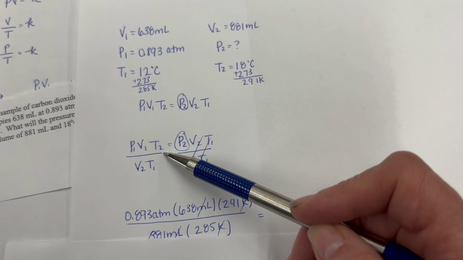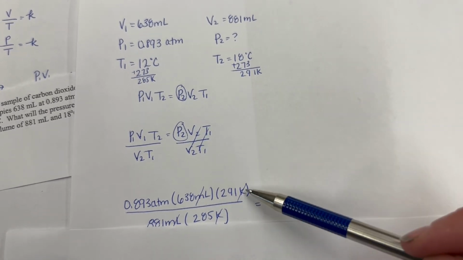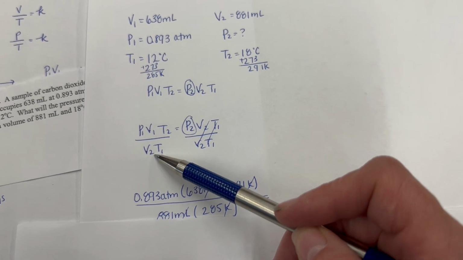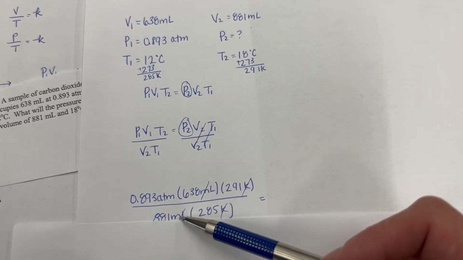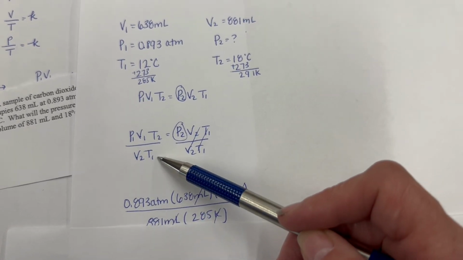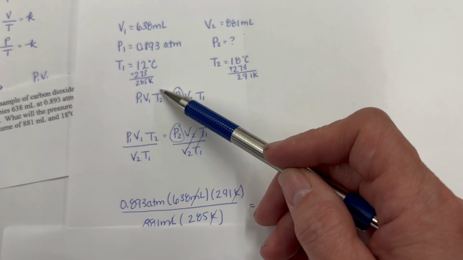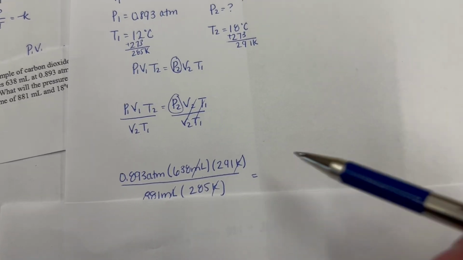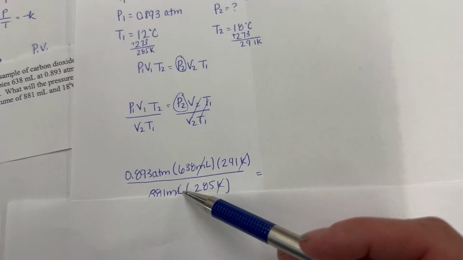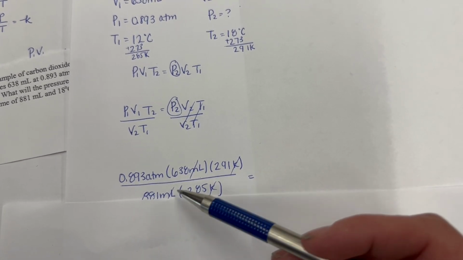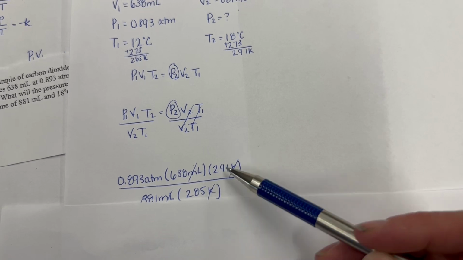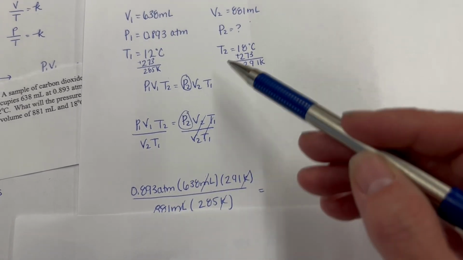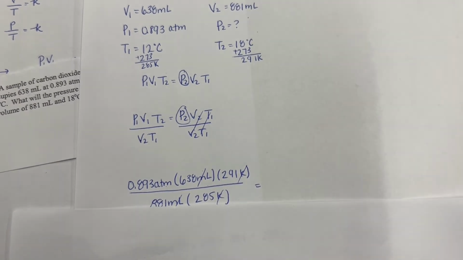And this is T2, so I need to use 291 K. I will then divide by V2, which was 881 milliliters, and I will divide by T1, which was 285 K. You will see that milliliters is on top and on the bottom, so they will cancel. Kelvins is on top and on bottom, they will cancel. That will leave me with atm, which is the correct unit for pressure.